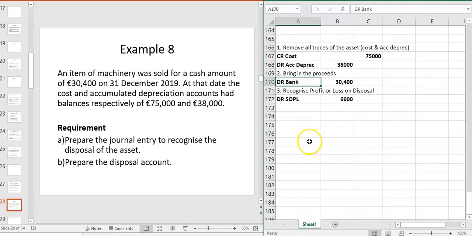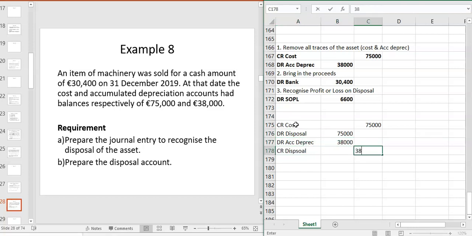You could bring all of these to a disposal account. So by example, credit cost 75, debit disposal account 75. You could debit accumulated depreciation 38, credit disposal account 38.